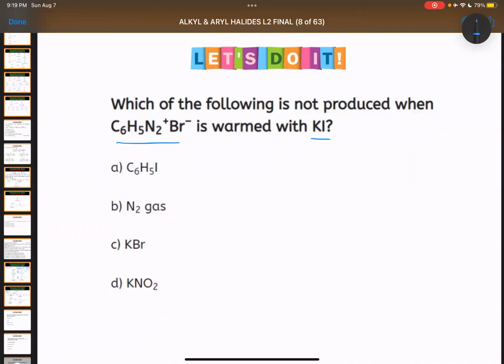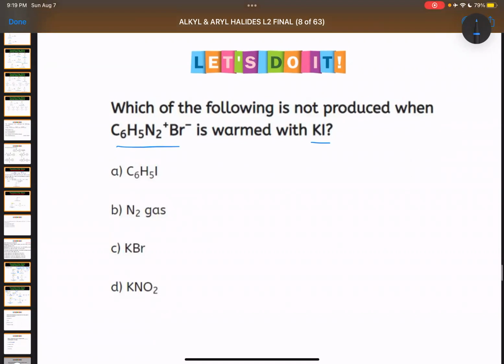This is the method to prepare iodobenzene, right? And when you heat with KI, you get iodobenzene, because I minus will come and attack on the benzene, and N2 will come out.